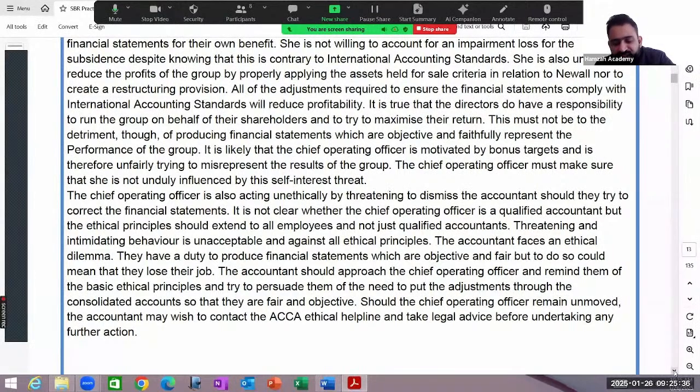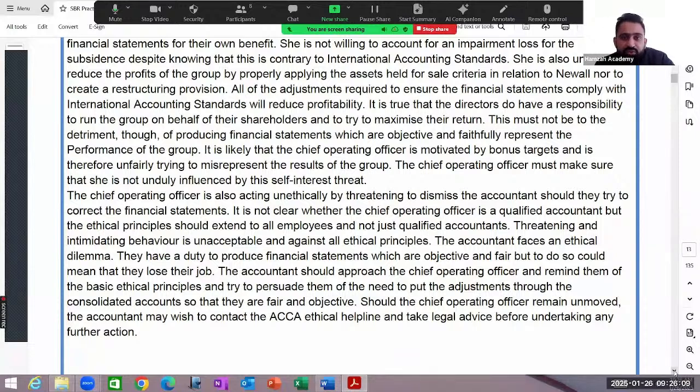She is working unethically, which she should not do. The accountant should carry out his duty as a professional accountant with the view that it is his responsibility to make sure that financial statements are true and free from any false information or from any manipulation. Now, if the chief operating officer does insist on her demands, then what can the accountant, being a professional accountant, do?